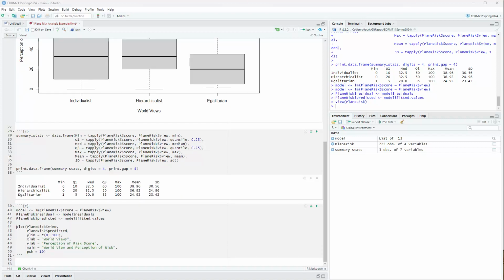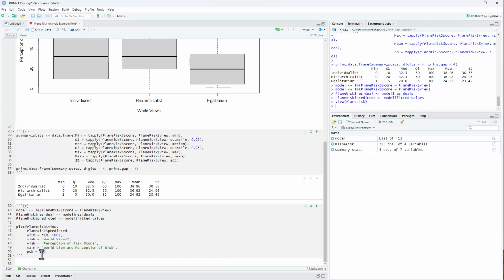So here is the code that I've put in. This is the explanatory variable, worldview. So that's my X. It's going to be on the X line. My predicted is going to be the plain risk. I'm going to go ahead and set my Y limit from 0 to 100, which is indeed the limit of my scale. Then I have my labels for X, worldviews, my label for Y, perception of risk score, and then my main is going to be worldview and perception of risk.